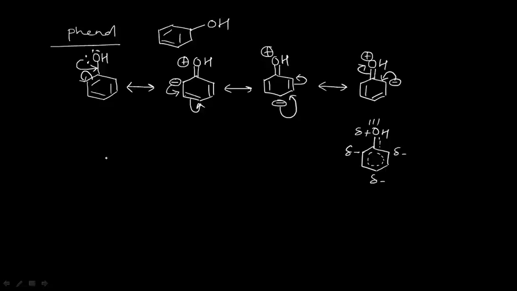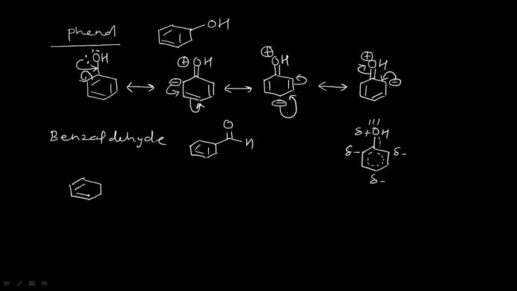Likewise, we take one more example of an electron withdrawing group, like benzaldehyde. In the case of benzaldehyde, we have the benzene ring attached to C double bond H, that is the carbonyl group. So we can write resonance structures for benzaldehyde also.